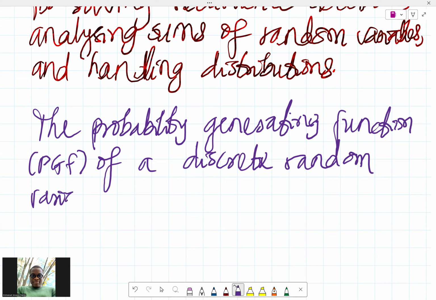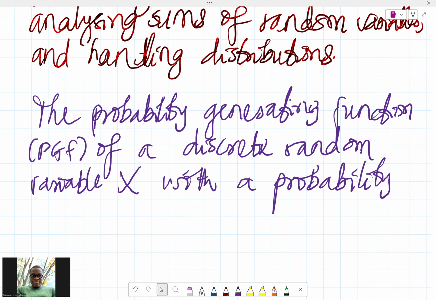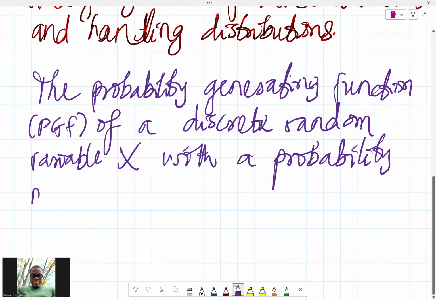So it applies to a discrete random variable X with a probability mass function. Interestingly, I have a whole playlist on probability. You can check that out in case you need to know other aspects of probability.